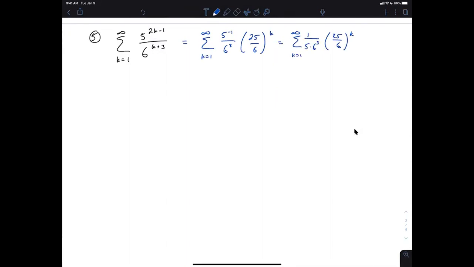Questions on the algebra there? Everybody good doing that? Okay, so now this is geometric.